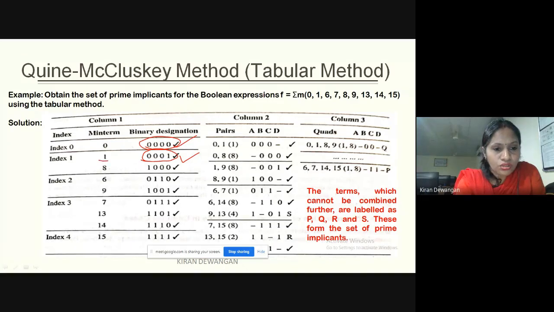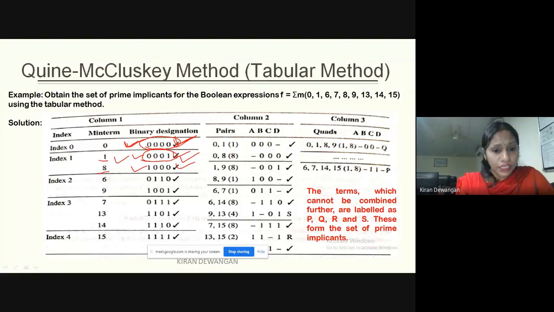It has 1 also, it has 8 also. Now this 0 will be compared with 1 and 0 will be compared with 8. It will be compared with both. There is only one min term in the index 0 group, and in index 1 there are two min terms, 1 and 8. So 0 will be checked with 1 and 0 will be checked with 8. We'll check with both individually.